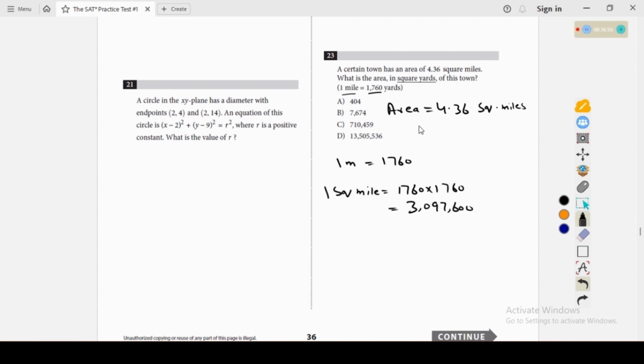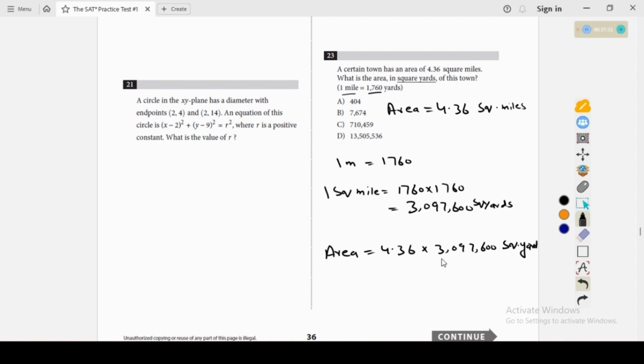Now the area, this is area in yards, so you can write it as square yards. The area will be 4.36 multiplied by 30,97,600 square yards.